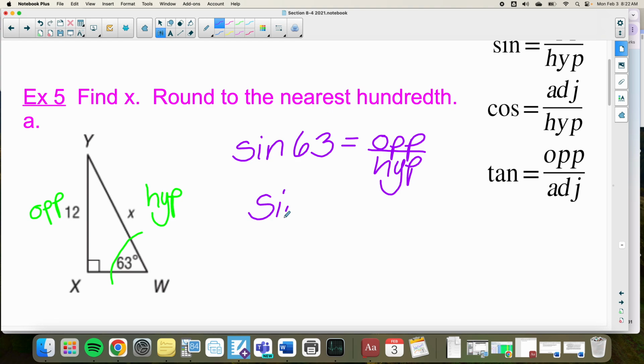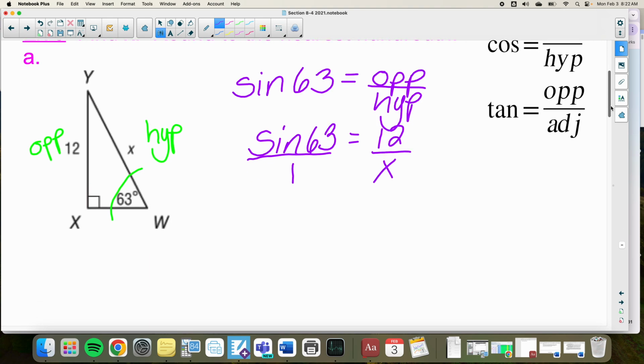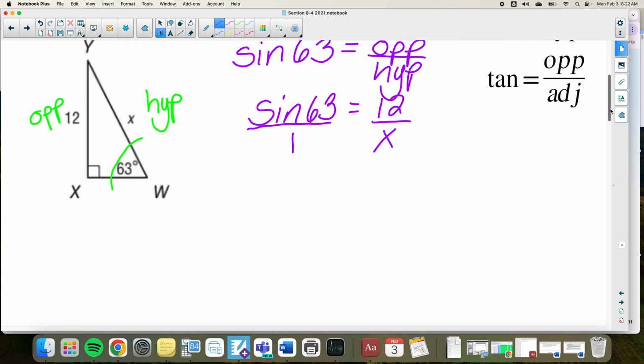And then what I do is I substitute in what I know. The opposite side is 12. The hypotenuse is x. And then I put this over 1 and I do cross products, okay? That's how I solve these, is I set them up like a proportion.